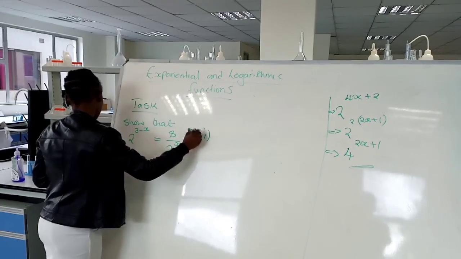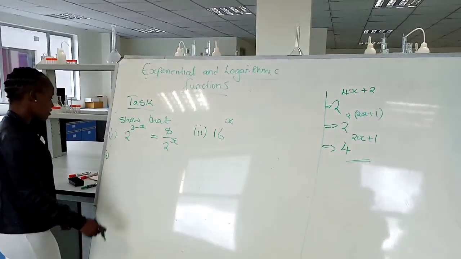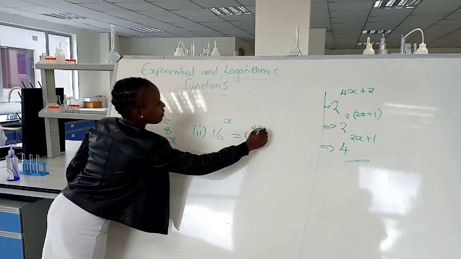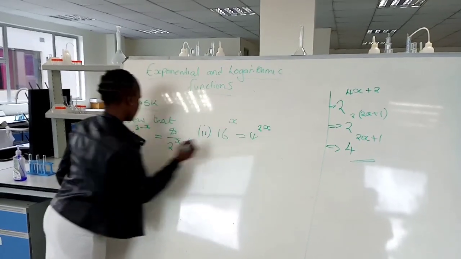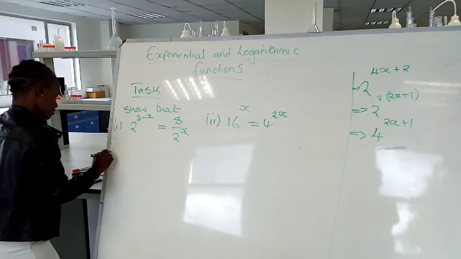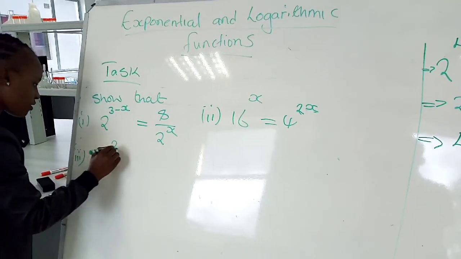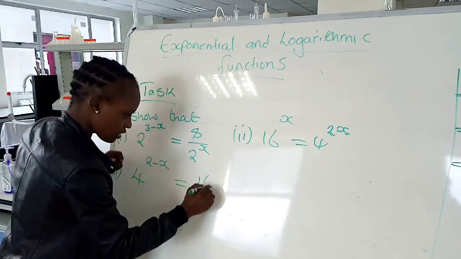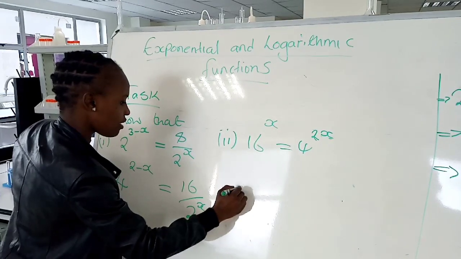Then the second one we have 16 raised to the power x, which is equal to 4 raised to the power 2x. Then we have the third one, which is 4 raised to the power 2 minus x being equal to 16 over 4 to the power x.